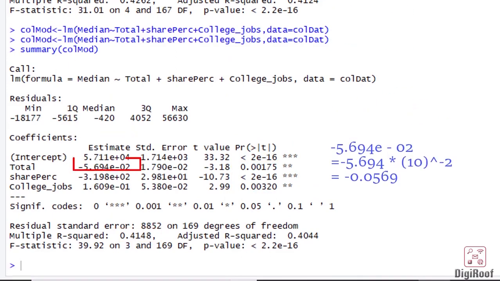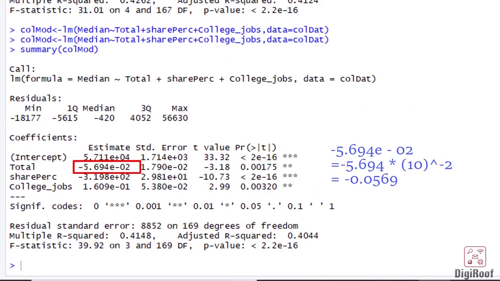The slope value for the variable total is minus 5.6 e minus 02. The predictor variable total is the absolute number of students in each field. The response variable median is the median income of students in US dollars.